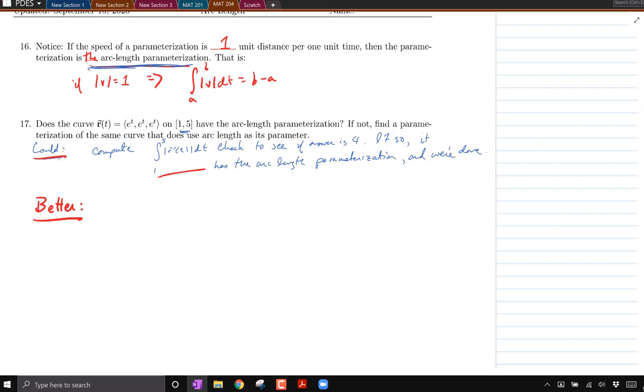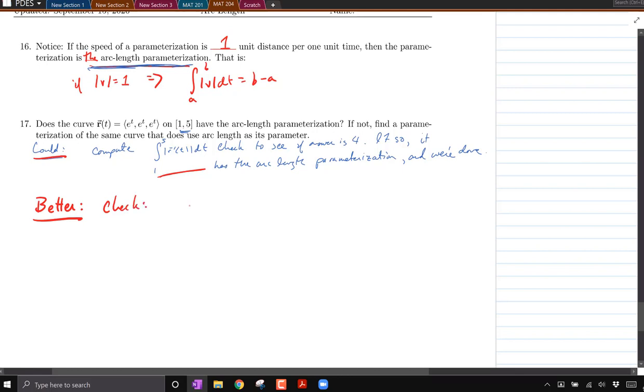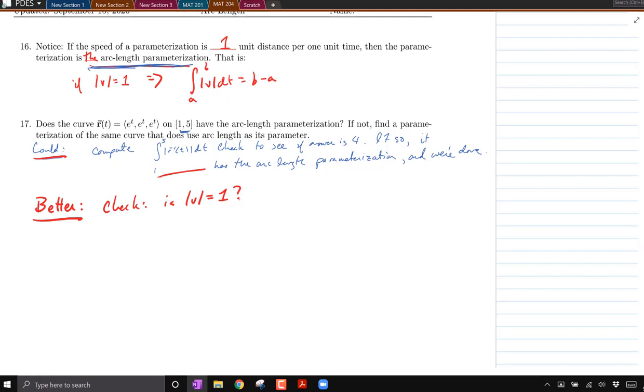However, we've parameterized time on this problem. So a better way is simply to check, is the magnitude of the velocity function equal to 1? Okay. Now, notice that excludes a whole lot of functions, right?